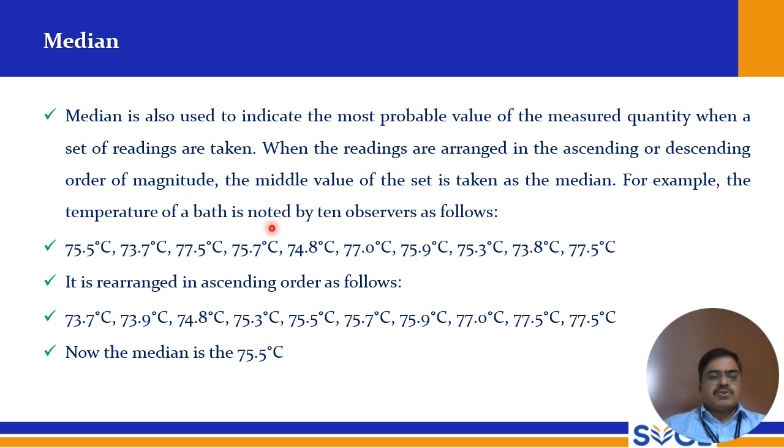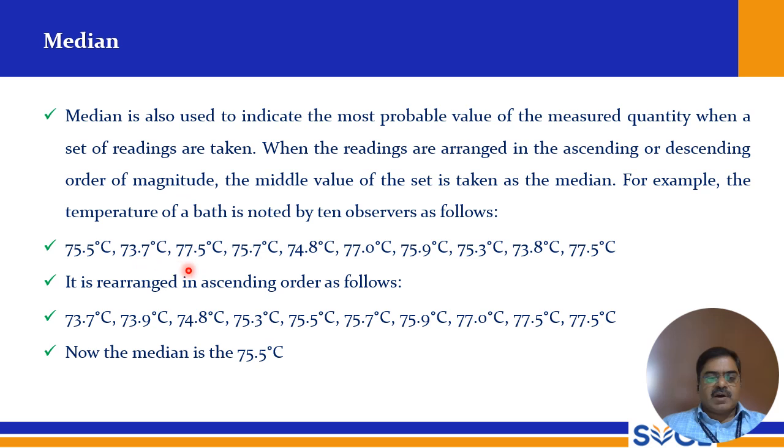Median is also used to indicate the most probable value of a measured quantity when a set of readings are taken. When the readings are arranged in ascending or descending order of magnitude, the middle value of this set is taken as the median. For example, the temperature of a bath is noted by 10 observers as below.